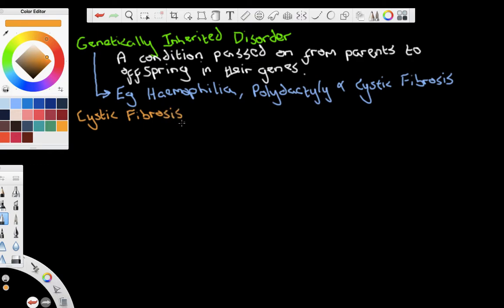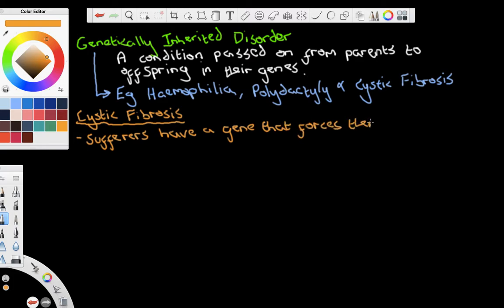Essentially, cystic fibrosis is where you form very thick mucus. Okay, so sufferers have a gene that forces them to produce lots of very thick mucus.